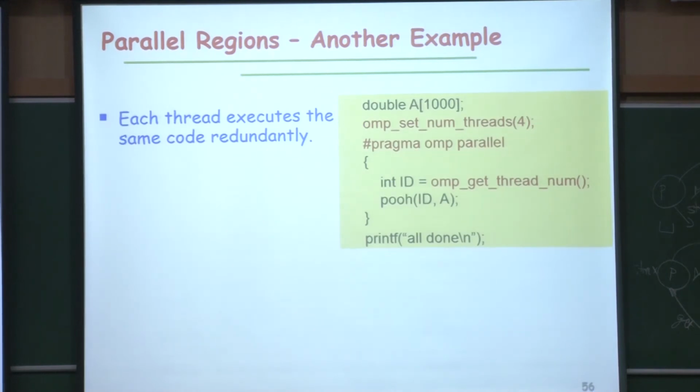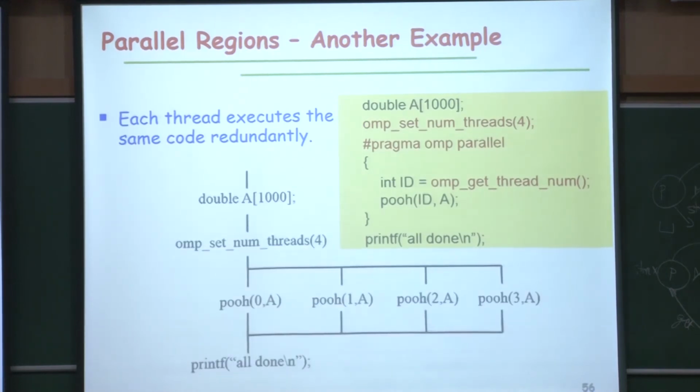If you look at it pictorially, this is what is going to happen. The master thread executes, declares this variable, and if there are any other statements here, only the master thread will execute them. Then the master thread says that I need 4 threads, that means that apart from me, I need 3 more threads, and all of us are going to execute this.